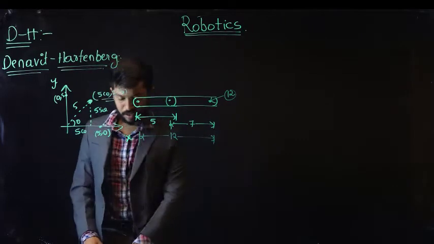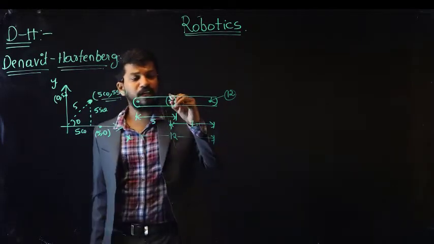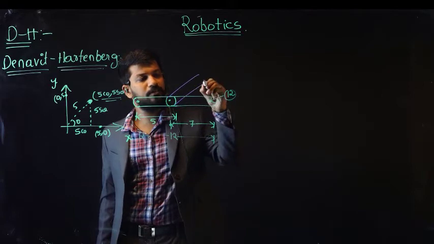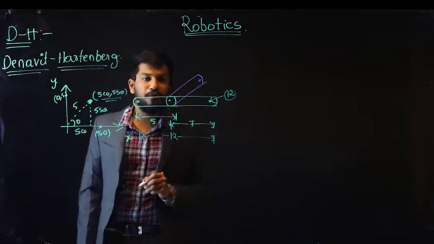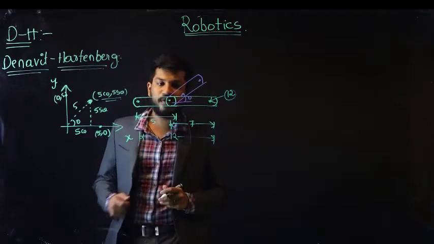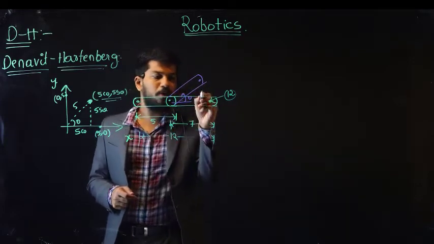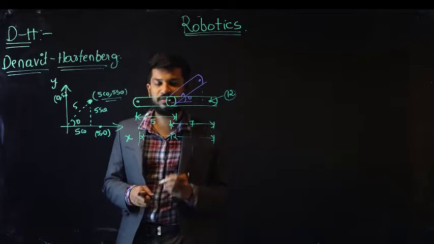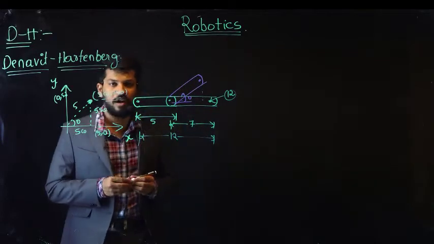But if that same link has a tilt of a certain angle, again how will we find it out? We will find the components along the x-axis and y-axis, and we will be able to find this particular position.